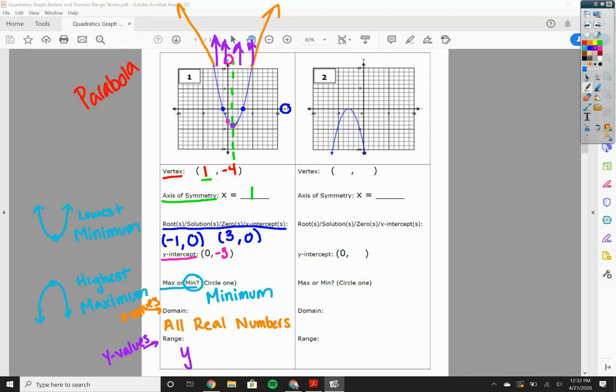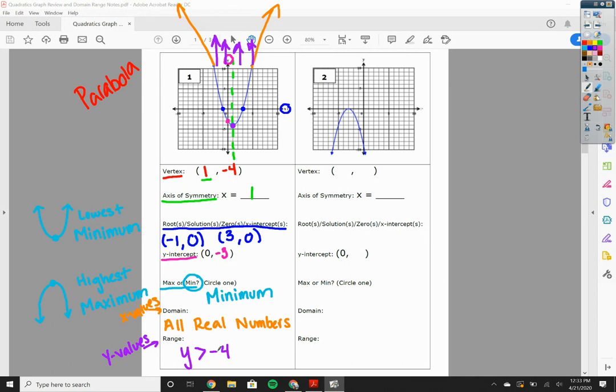Our vertex is our lowest point, and -4 is our lowest point here. So our graph hits everything above -4, which means y is greater than -4. Here's our vertex, and there's nothing below it. So y is greater than -4 is our range.